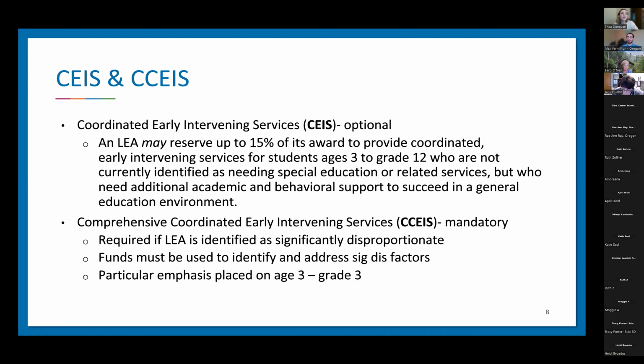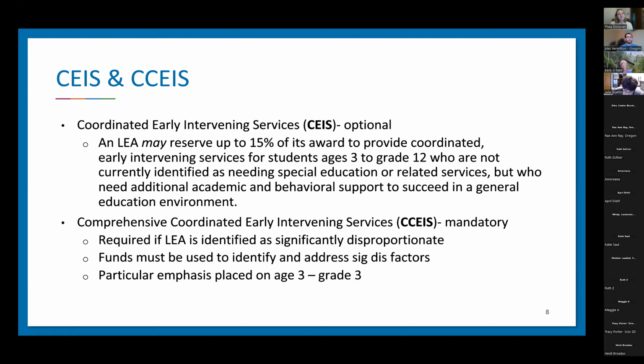Basically, you can set aside this portion of your award and use it for non-SPED students. The aim is to intervene early so that they don't end up having to be identified for special education and needing more services.